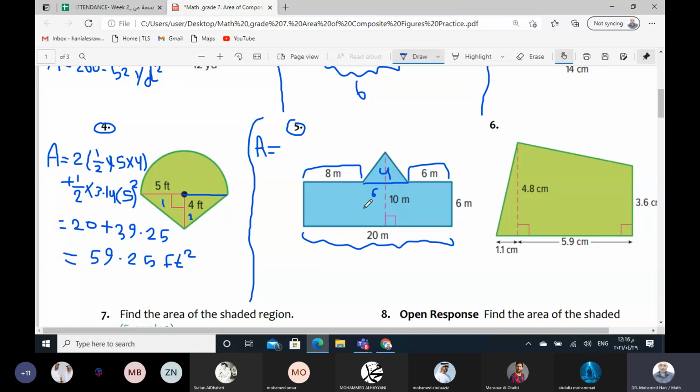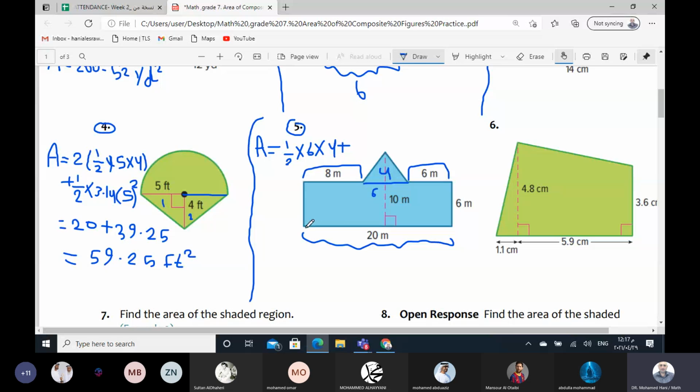So the area of the triangle now will be 1 over 2 multiplied by 6 multiplied by 4, plus we have here down, we have a rectangle.